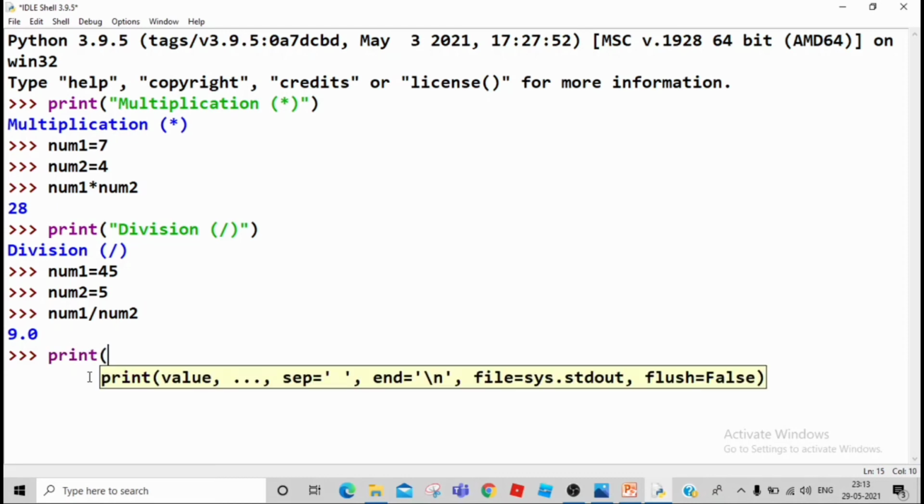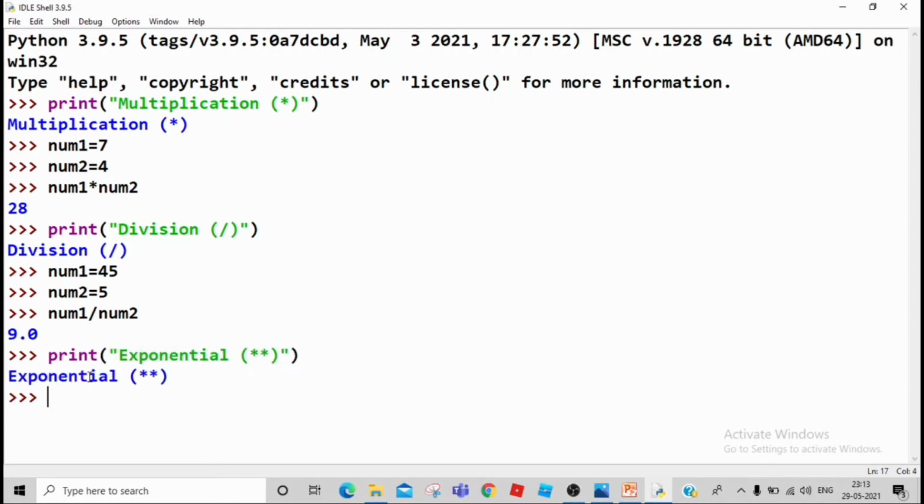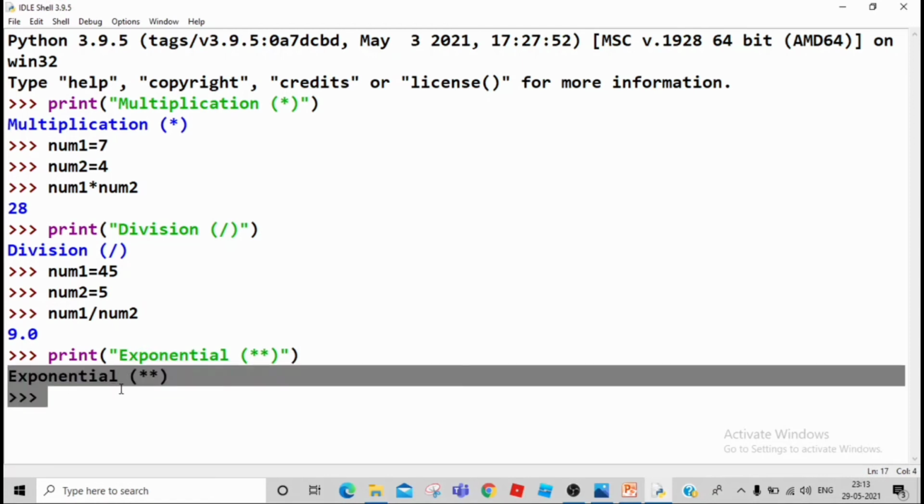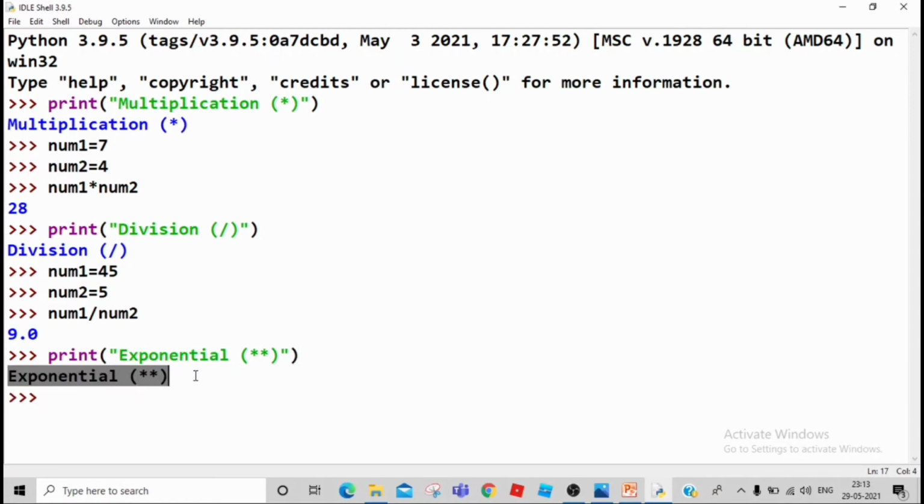Print exponential, and now I'm going to make its sign. So it's the double multiplication sign. So here we go. This is the exponential operator. So what is an exponential operator? The exponential operator raises one value to the power of the second.